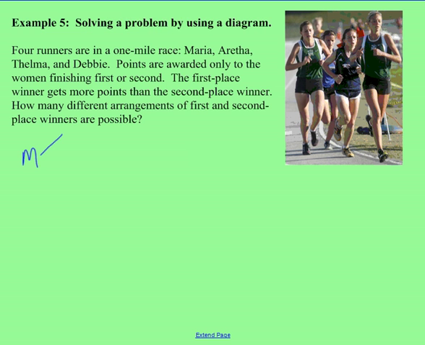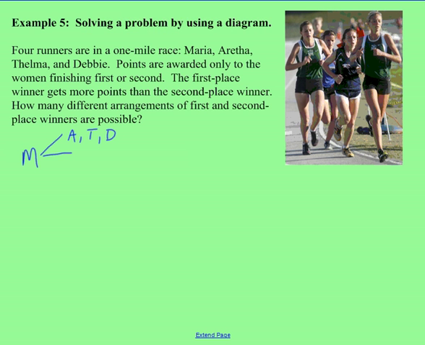One way would be that Maria wins, Aretha comes in second, Thelma third, and Debbie fourth. Or maybe Maria wins and Aretha, let's see, first place winner gets more points than the second place winner. How many different arrangements of first and second place winners are possible?